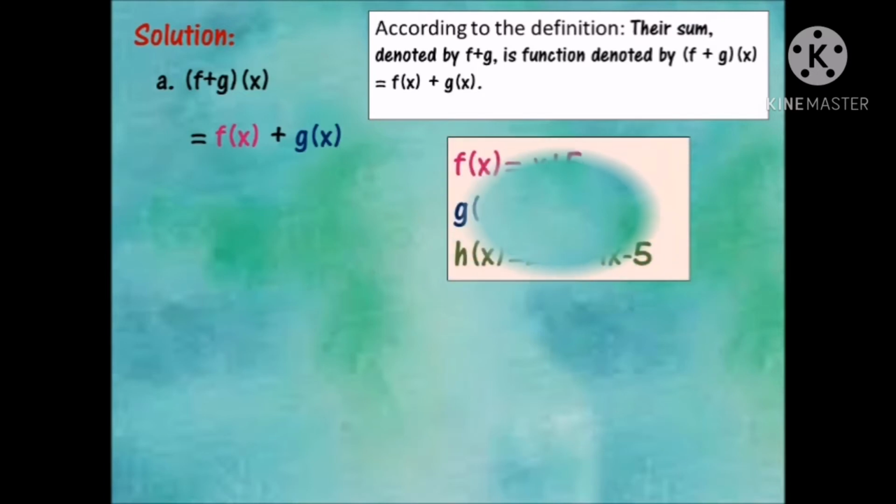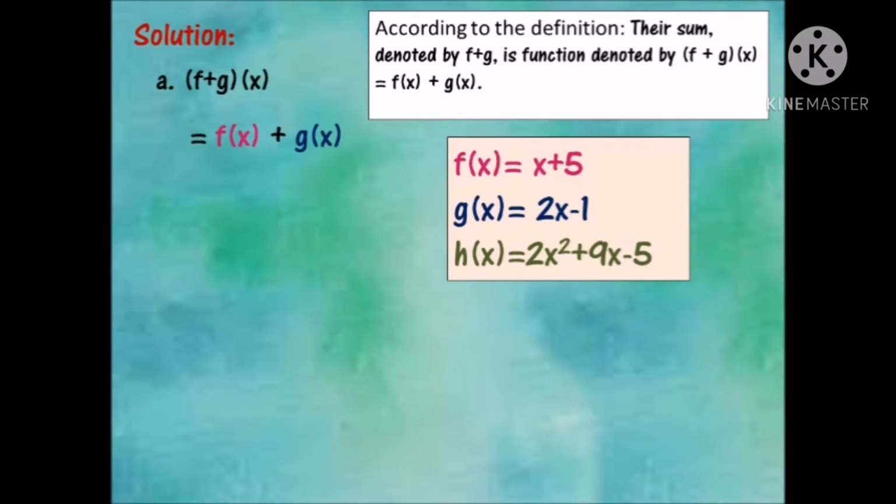At ang given function natin, f of x is equal to x plus 5 and g of x is equal to 2x minus 1. So, i-substitute natin yung given function na yan dun sa ating unknown function. So, magiging f of x is equal to x plus 5 and g of x is equal to 2x minus 1.